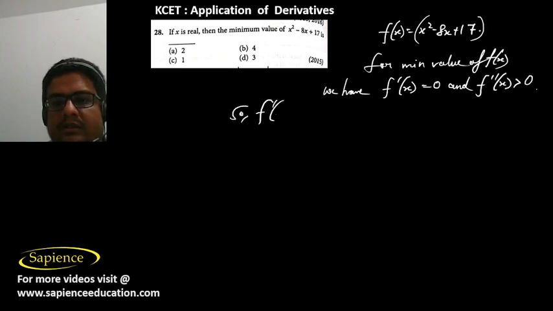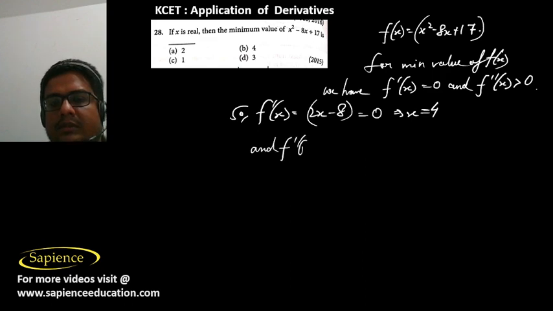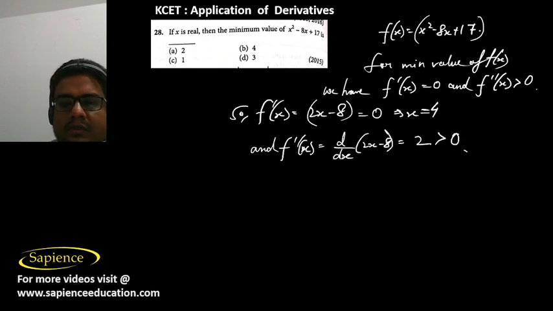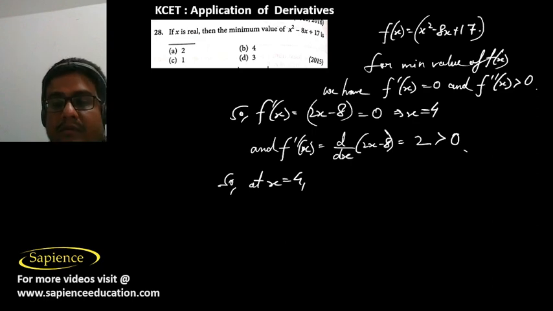Now f dash x is how much? f dash x will be 2x minus 8 equal to 0, so x should be equal to 4. And f double dash x, that is d by dx of 2x minus 8, is 2, greater than 0. Obviously, we can say that at x equal to 4 we have the minimum value of f of x.